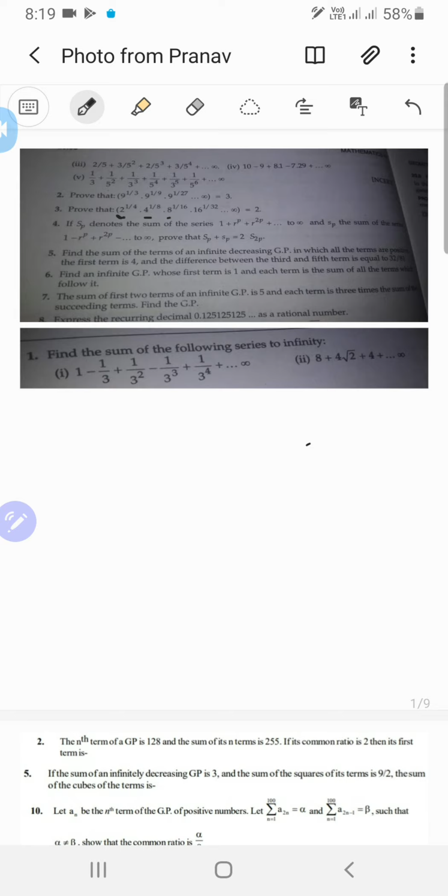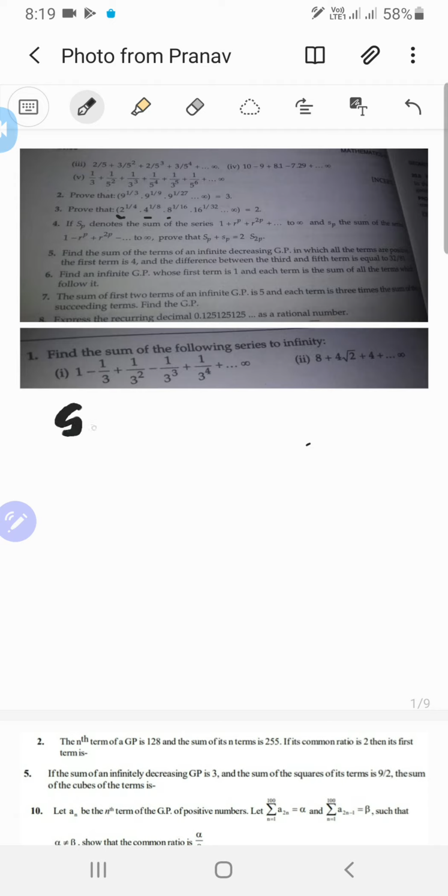So these are alternate positive, alternate negative. Instead of going up by r every time, they are getting multiplied by negative r every time. Prove that S_p plus s_p is going to be 2 S_2p.